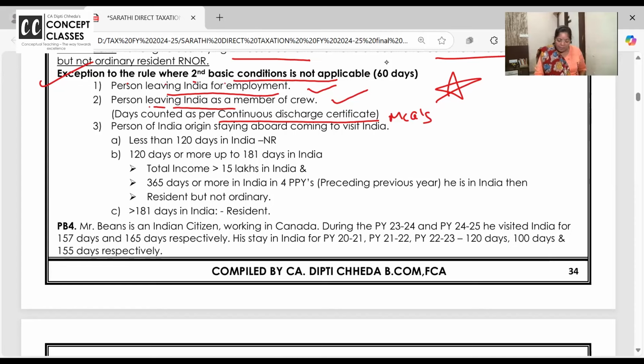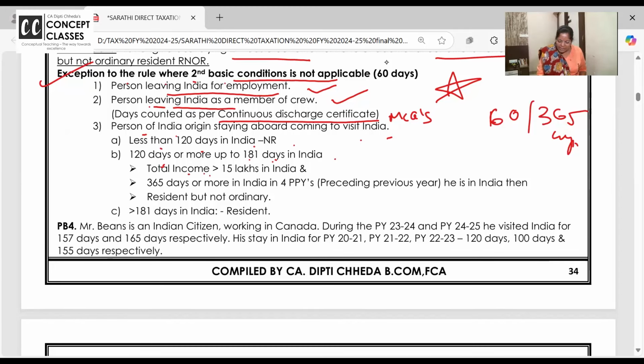And third, a person who is of Indian origin, staying abroad, comes to visit India, less than 120 days he is in India, non-resident. 120 days to 181 days, if it is. See, if you are crossing 182 days and more, then the first basic condition. But here we are saying that if it is less than 182 days, there it was 60 days and 365 days in 4 years. Here it is 120 days to 181 days.